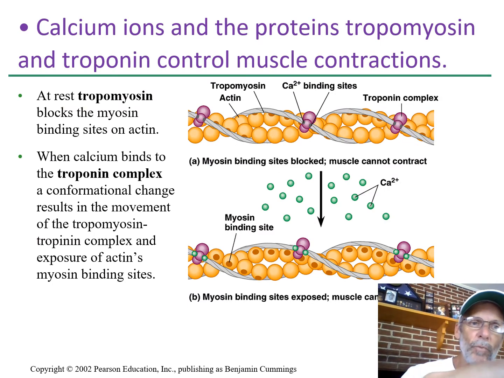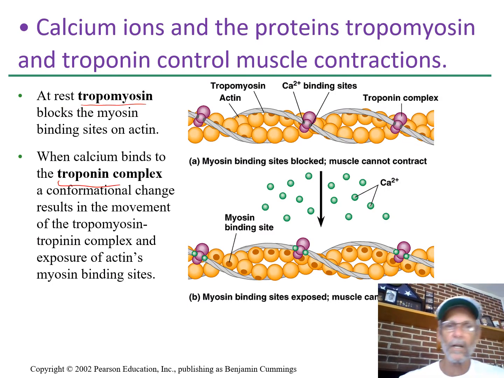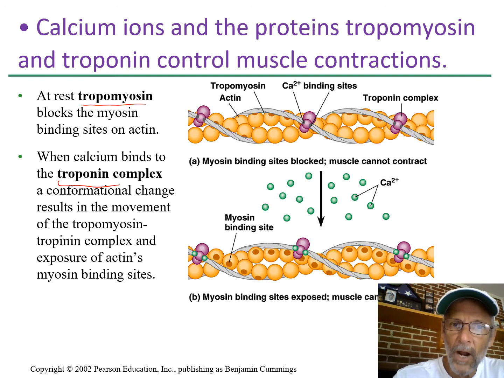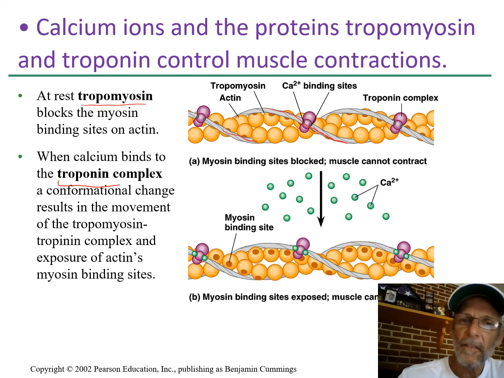Now the tropomyosin and troponin complex part. So you see the tropomyosin is a molecule that's surrounding the actin filaments. And the actin filaments are made up of units that have a place, this little brown circle you can see down here and up here.